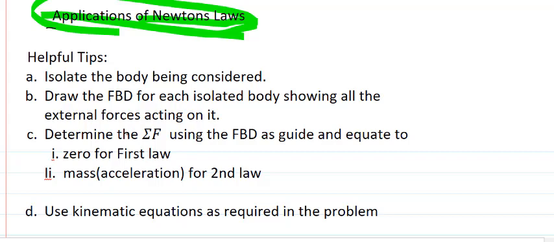Then determine the summation of force, or the net force, using the FBD as a guide, and equate it to either 0, meaning summation of force equals 0 for the first law, or summation of force equals ma for the second law, depending on the problem. And sometimes kinematic equations are required in solving the problem, so you can use the kinematic equations.